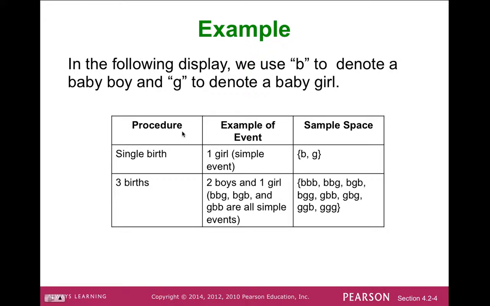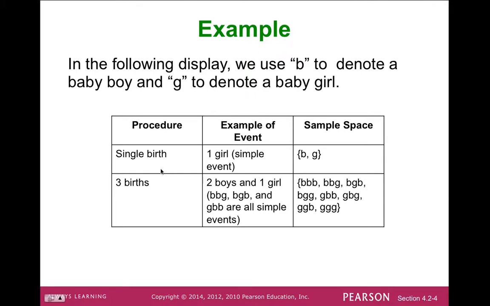Now what are the different outcomes or events that can happen from a single birth? Well, in the case of the first single birth here, we're told that the example of the outcome is that a girl is born. So a girl being born would be a simple event. But for any single birth, the sample space isn't just that you could have a girl, you could have a boy or a girl. So again, the sample space is all the different possible outcomes.